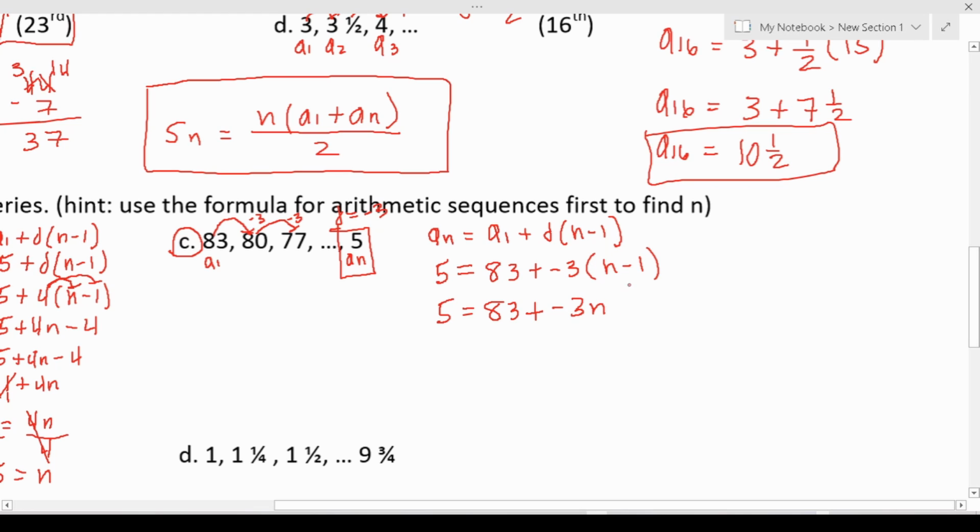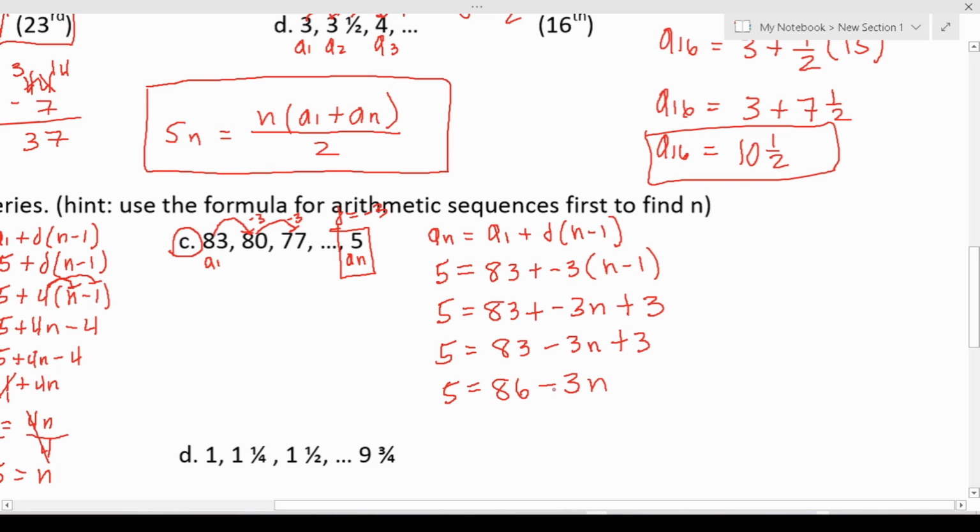Negative 3 times negative 1 is going to be positive 3. So let's rewrite this without the plus-minus there: 5 equals 83 minus 3n plus 3. Let's combine like terms now. We have 83 and 3, so that's going to be 86 minus 3n.